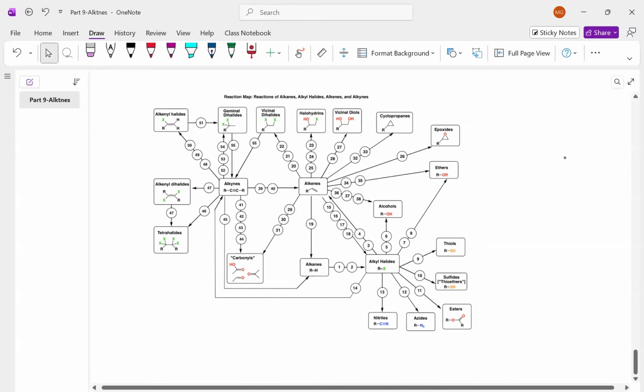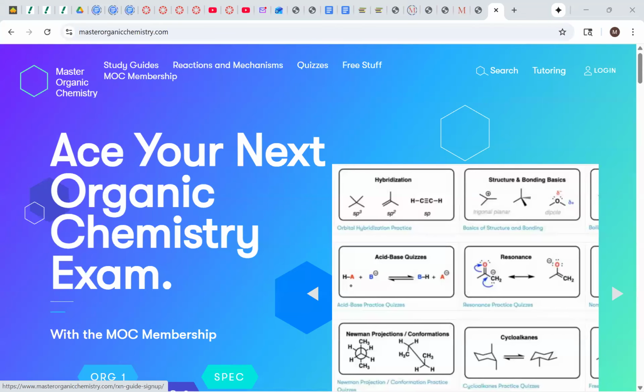Let me switch screens here. So this website, masterorganicchemistry.com, is great for quickly summarizing categories of reactions and giving you extra problems to work on.